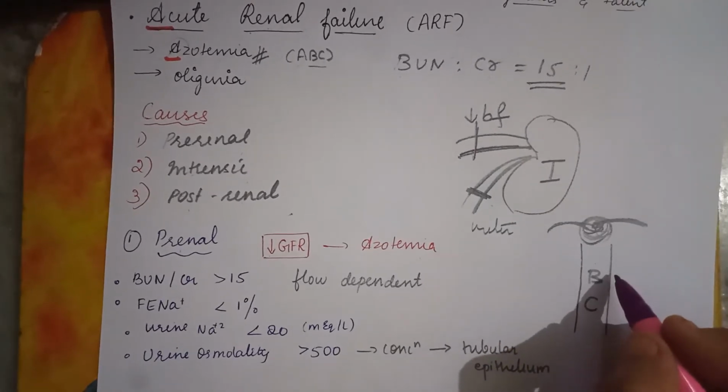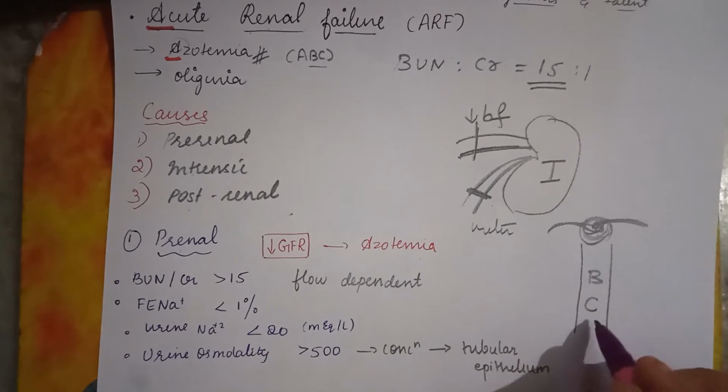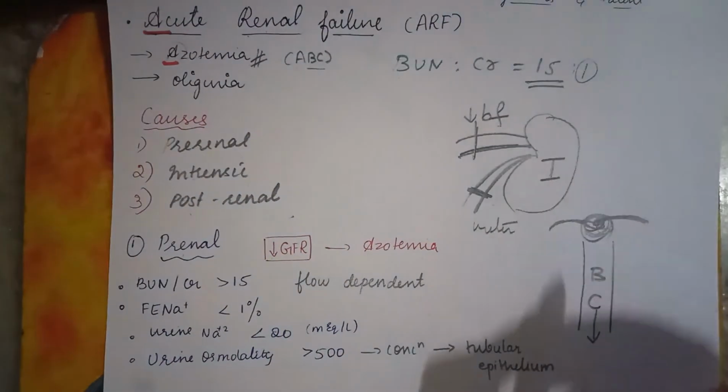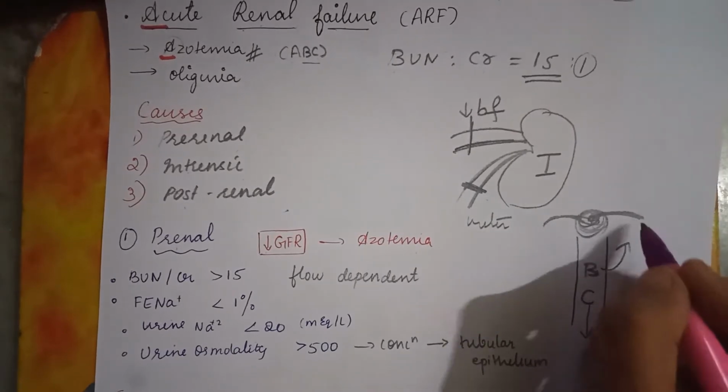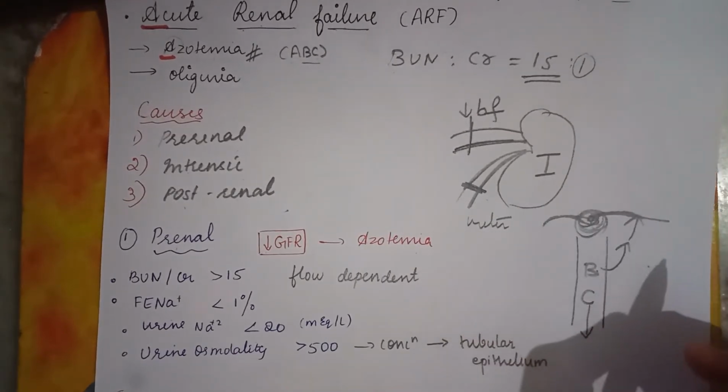In the normal epithelial cell, creatinine is always lost in urine. It is never reabsorbed. Therefore, it is 1 here. But blood urea nitrogen is absorbed back into the blood, from where it enters our blood vessel.